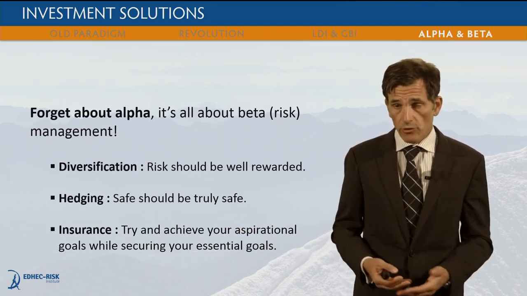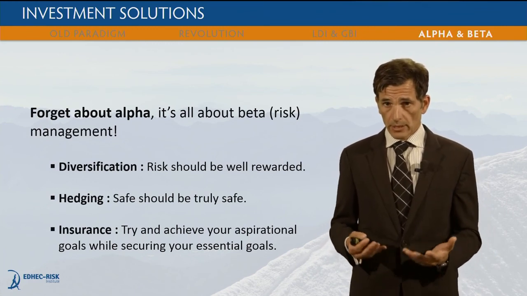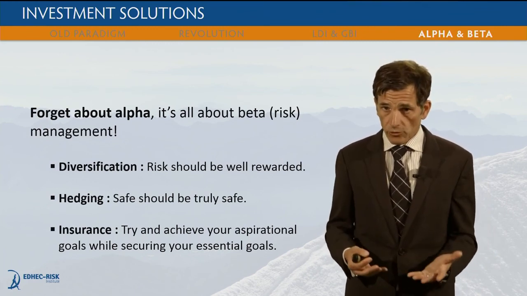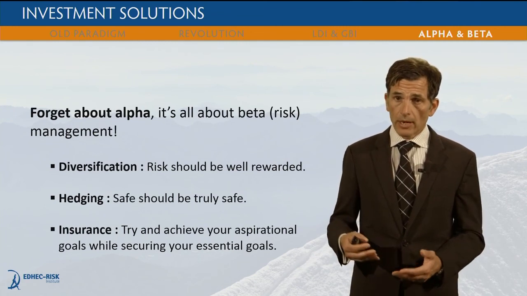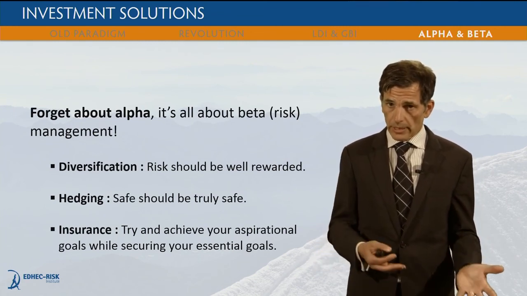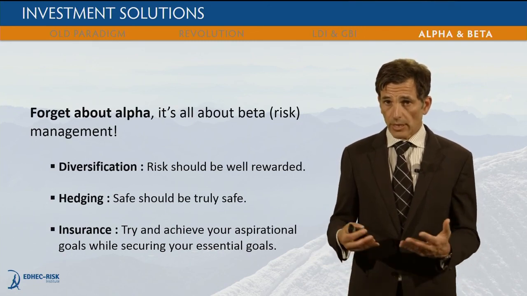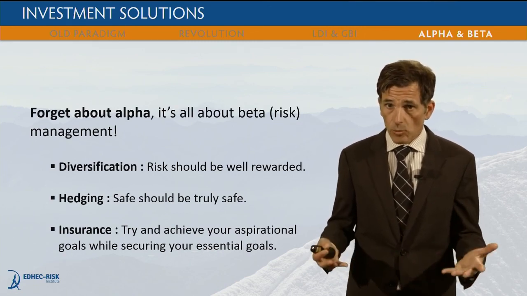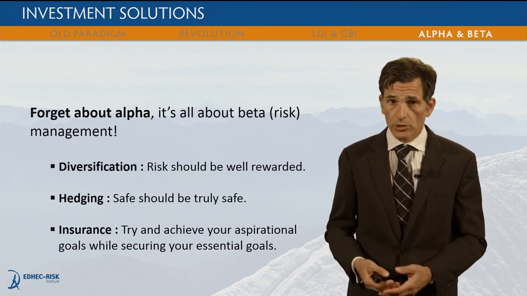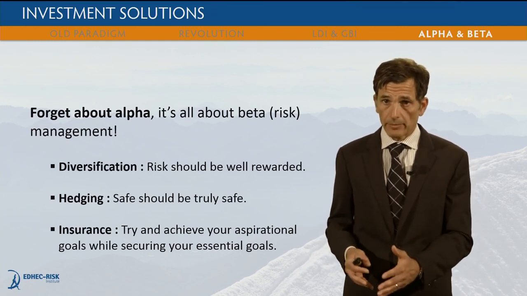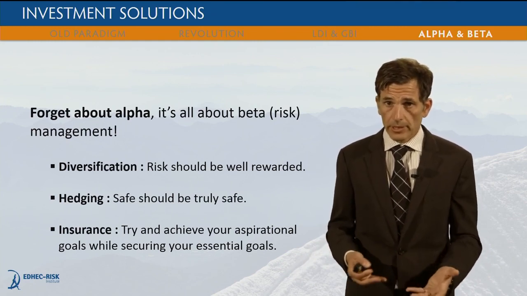In other words, insurance is the risk management technique that can and should be used to help individual and institutional investors achieve their otherwise meaningful aspirational goals, while at the same time securing their most important, most essential goals.